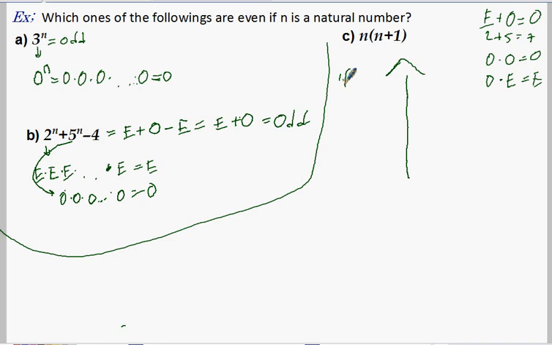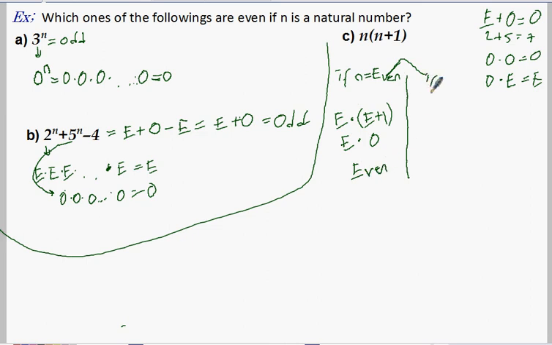What if n is equal to an even number? Then you will have even number times even number plus 1, which is even number plus 1 makes an odd number. You end up with odd, not odd, sorry. Even if you have one even in a product, you will have an even result.